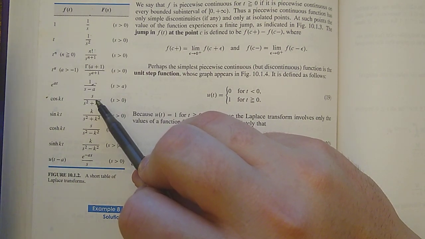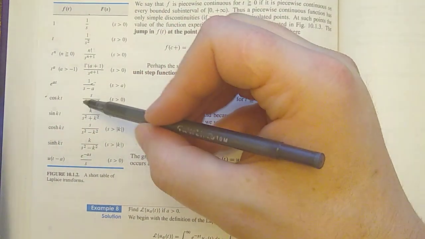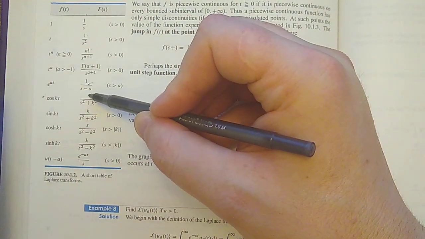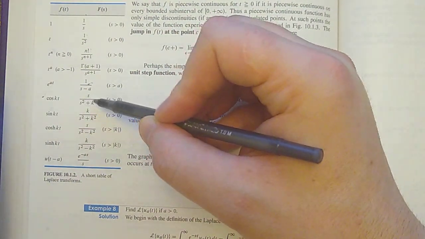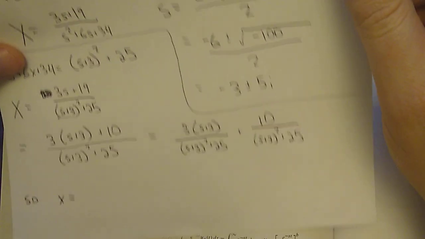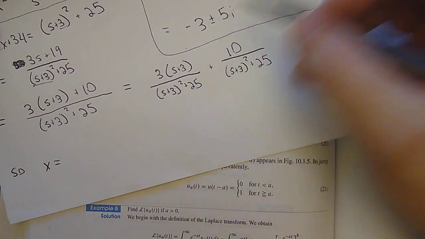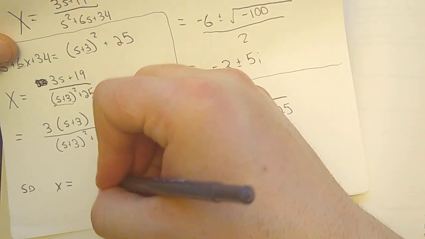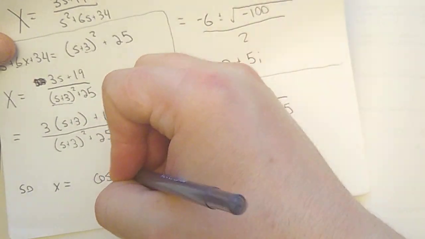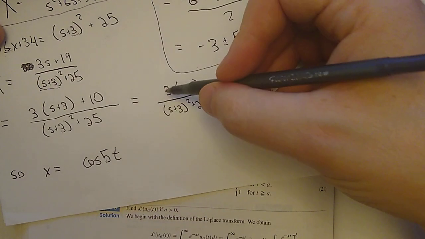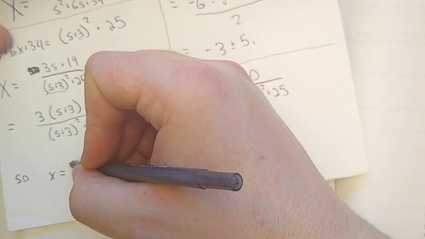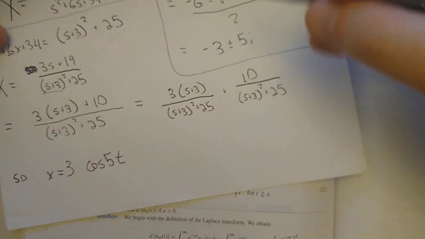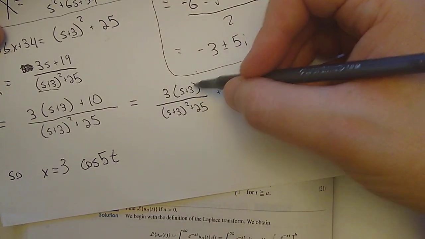Right, how should I do this? If this was just an s over s squared plus 5 squared, because I've got 25 here, this would be cosine 5t. There's a 3 there, so I should multiply by 3. Also, it's translated.